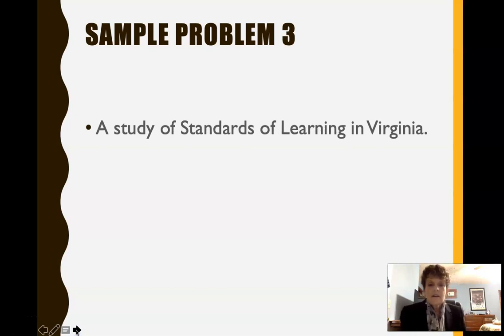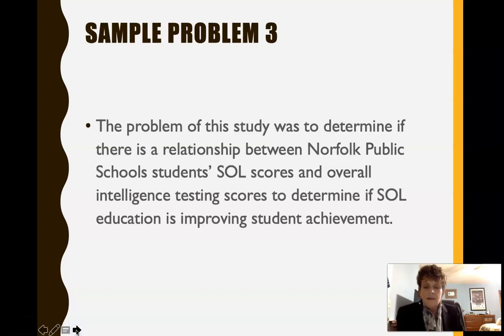Okay? Problem number 3. A study of standards of learning, the SOLs, in Virginia. To reword this, we would say the problem of this study was to determine if there's a relationship between Norfolk Public Schools students' SOL scores, standard of learning scores, and overall intelligence testing scores.